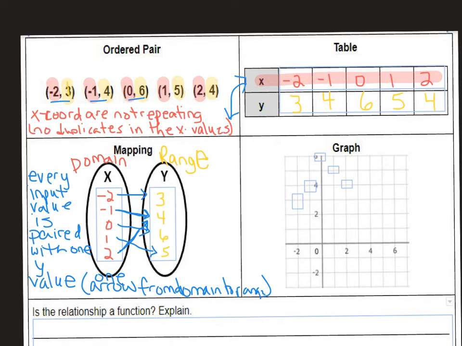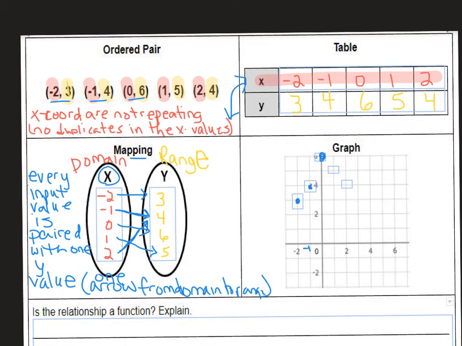Last but not least, go and plot your points. So when you look at a map, that's one of your characteristics. Look to see how many arrows are coming from the domain values. Okay, let's go plot in our graph. I'm going to take this same relationship: -2 is paired with 3, -1 is paired with 4, 0 is paired with 6.